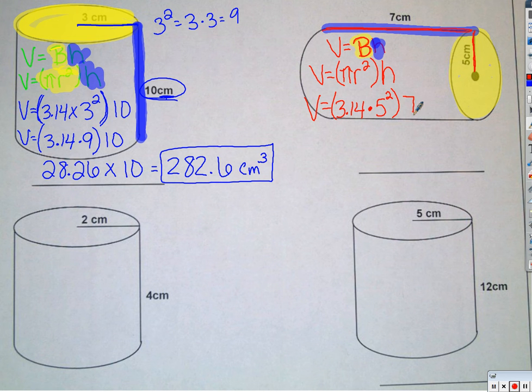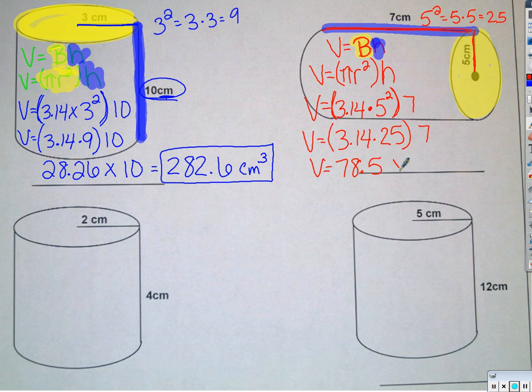Follow order of operations. So we go back inside of our parentheses, and 5 to the second power is the same as 5 times 5, which equals 25. So I have volume equals 3.14 times 25, and then I'm going to multiply that by 7. 3.14 times 25 is 78.5.